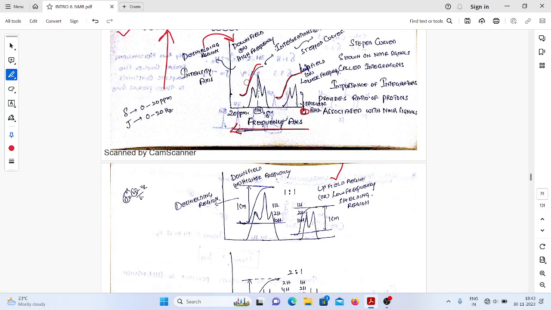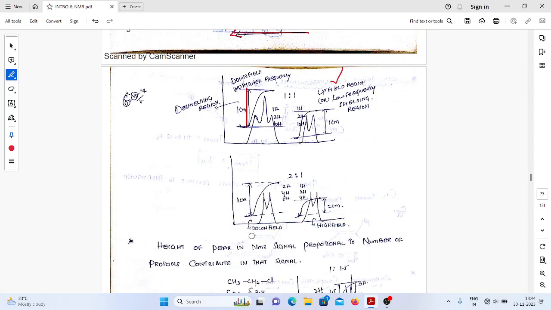What is the use of this integration? The height of the curve is going to give the ratio of protons which are present in the signal. If you know the height of the stepped curve, we can identify the number of protons which are present in the molecules.